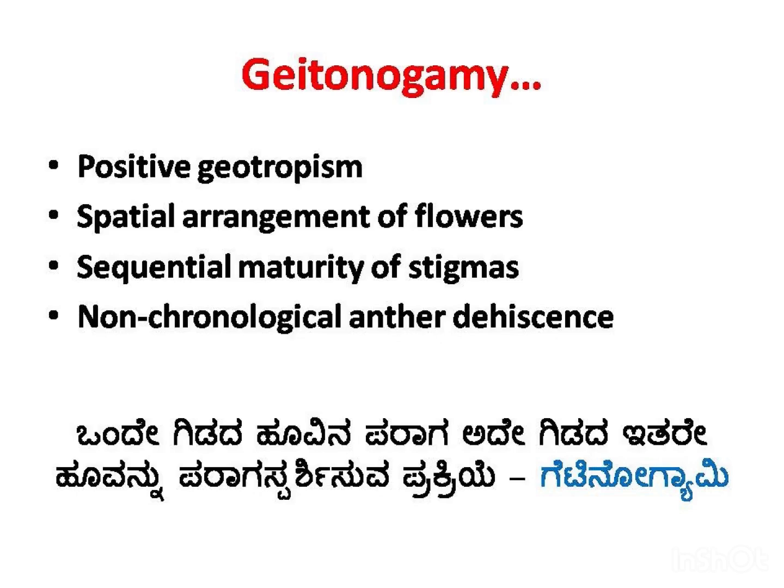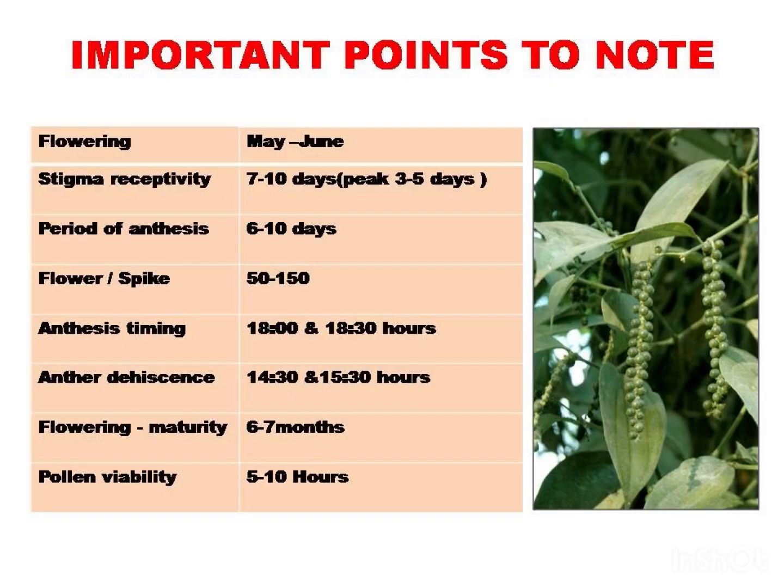So let's move on. Some of the important points one should note as far as floral biology or breeding behavior of black pepper is concerned. The peak flowering season is May to June, which coincides with the monsoon.